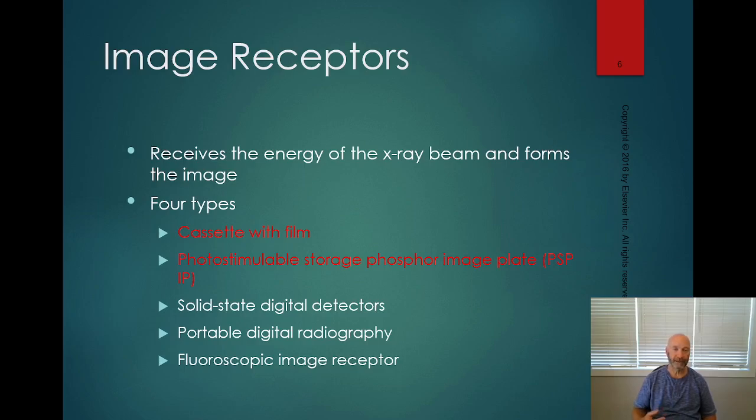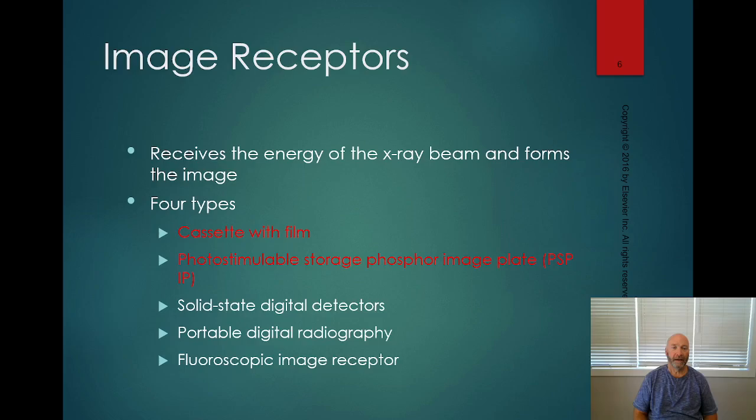So I'm going to just touch on this, and then we're going to look at the different types of image receptors. I've got in red the types of image receptors you just don't see all that much anymore. They're not digital image receptors. They're either screens and films, which really nobody in the United States should be using. And then you've got your CR system cassettes, and then you've got your digital system.